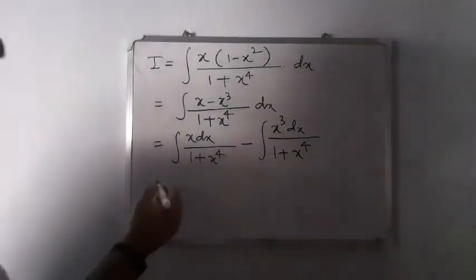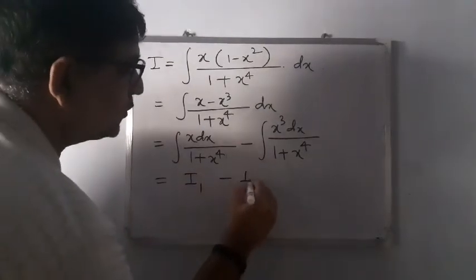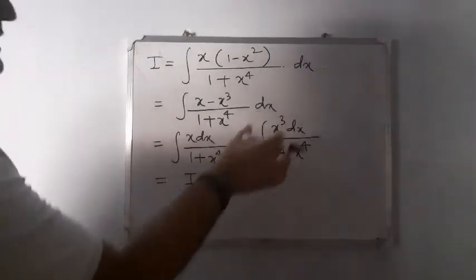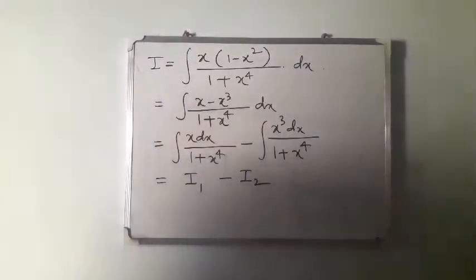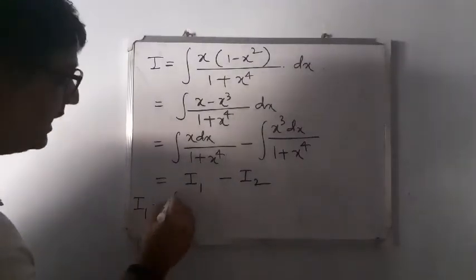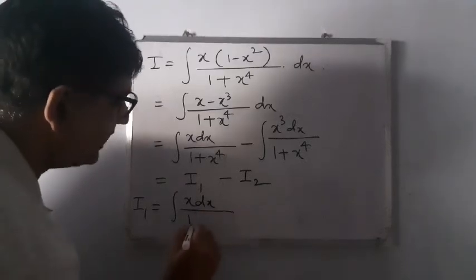Let this be I1 minus I2. We take the first one as I1, integral 1, and the second one as I2, integral 2. Now I1 is equal to integral x dx divided by 1 plus x power 4.